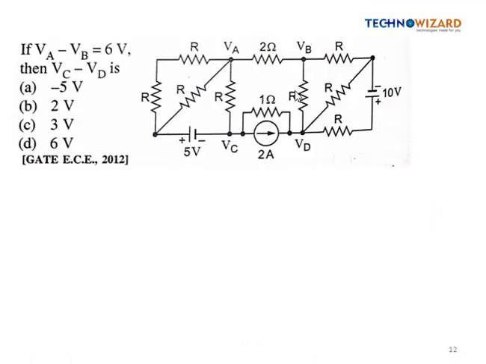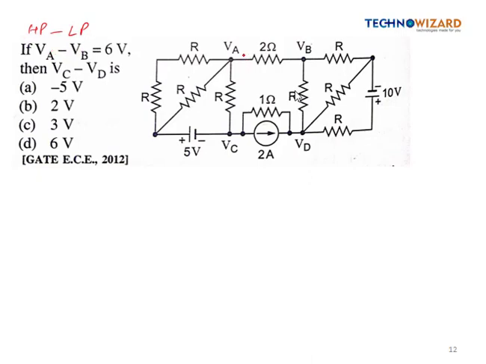So next question is, okay, so this is the next question. If VA minus VB is 6 volt, then we have to calculate VC minus VD, okay? So VA minus VB, high potential minus low potential, is 6 volt, and we know that current always flows from high potential to low potential.